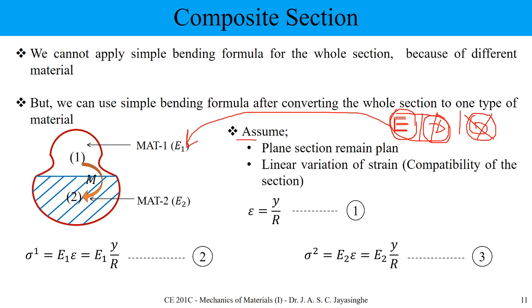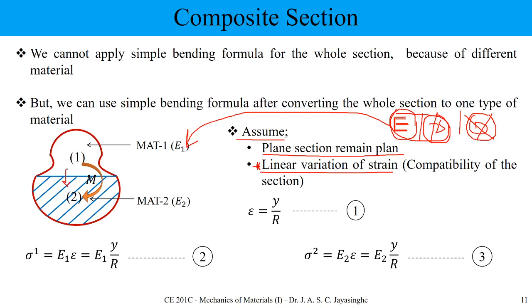Here again we are assuming plane sections remain plane. That's a very basic assumption. If you cannot remember, please go to the previous handouts. The other one is linear variation of strain. We are considering that our section has compatibility, because we are using two types of material.